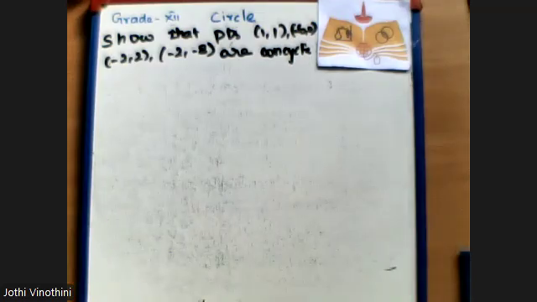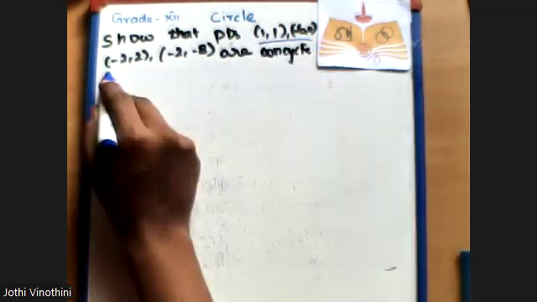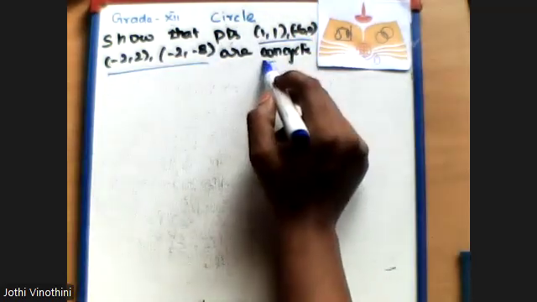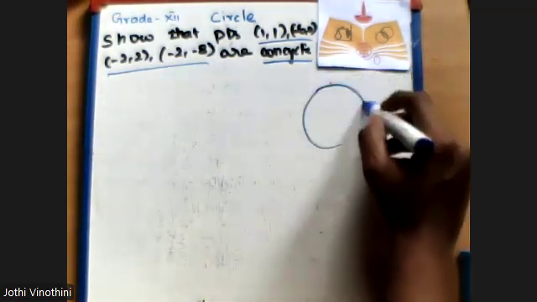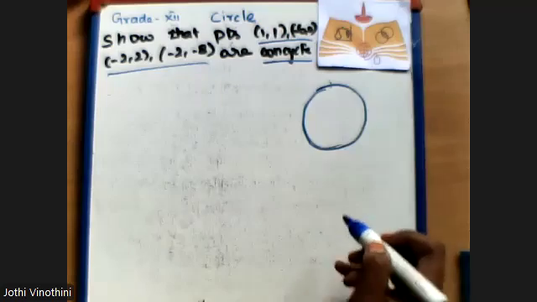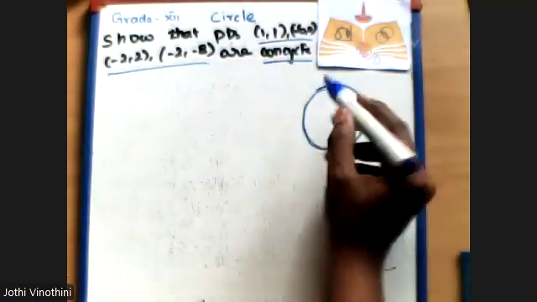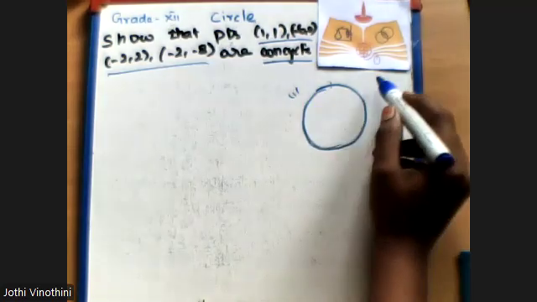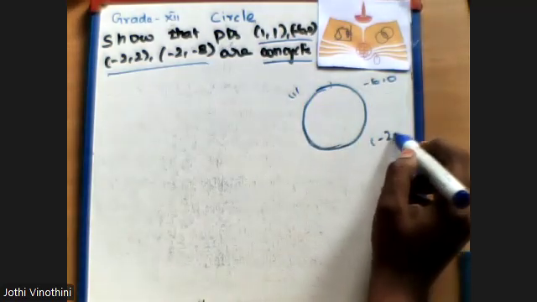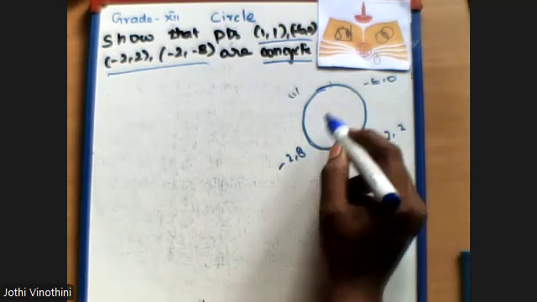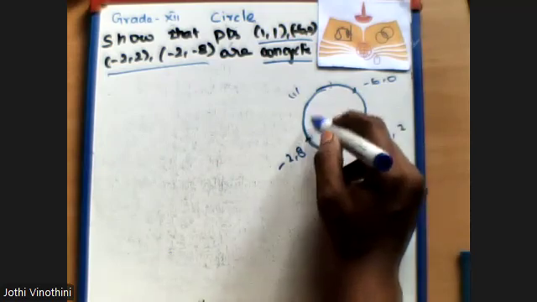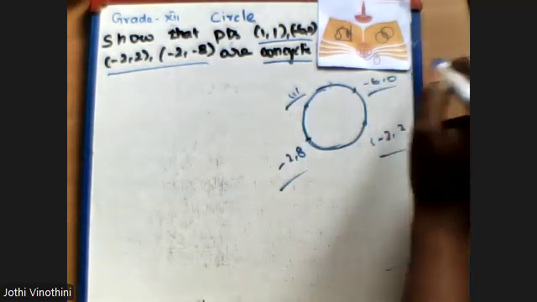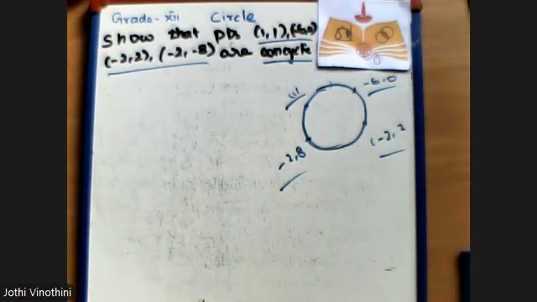Okay. What are they given? They are given 4 points, right? What do they ask us to prove? They ask us to prove it is concyclic. What is meant by concyclic? In a circle, if all these 4 points, (1, 1), (-6, 0), (-2, 2), (-2, 8), lie on a circle, then we call these 4 points concyclic or cocyclic.